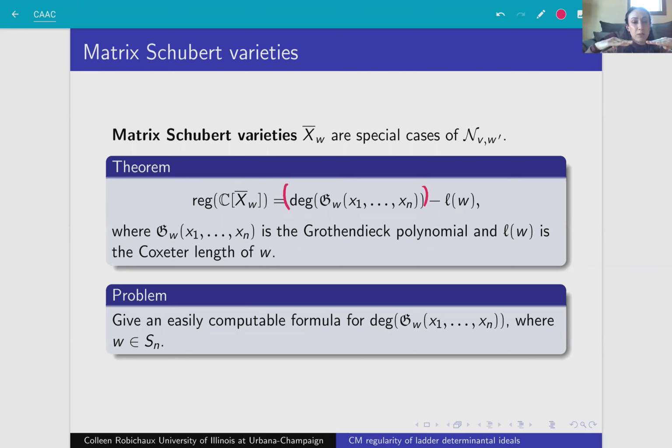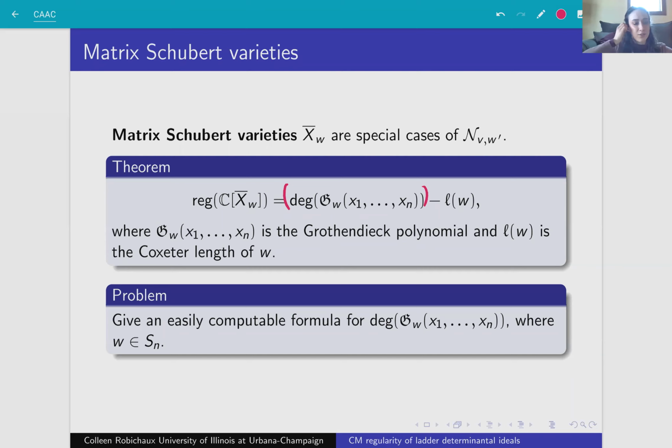These Grothendieck polynomials will often be inhomogeneous, and they have a lot of nice combinatorial rules that allow us to compute them. So that gives us some hope that we should be able to compute these degrees combinatorially. However, the formulas we do have to compute these polynomials can be a bit involved.